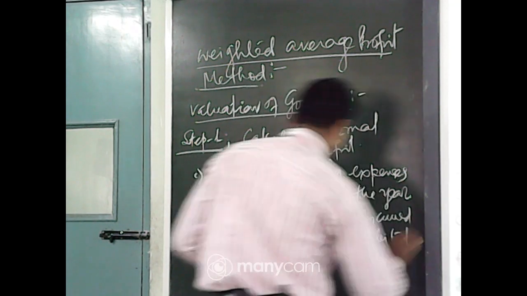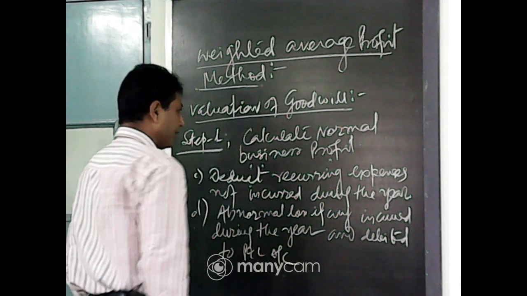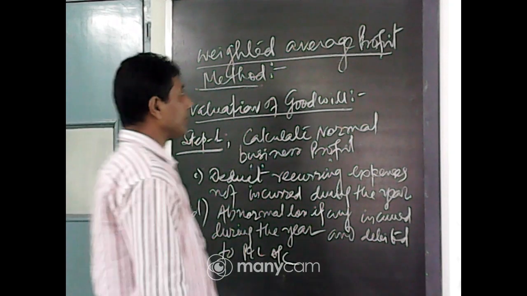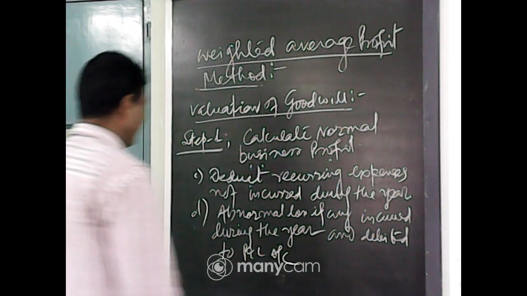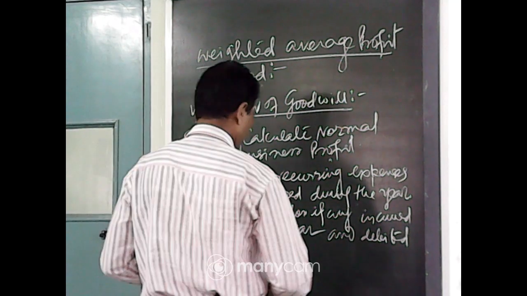Deduct recurring expenses not incurred during the year. And the abnormal loss, if any, incurred during the year and debited to profit and loss account.